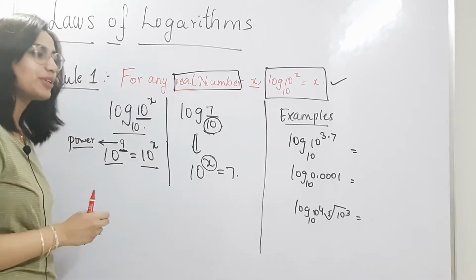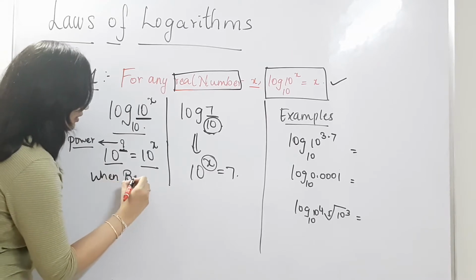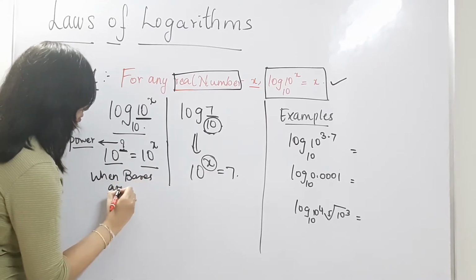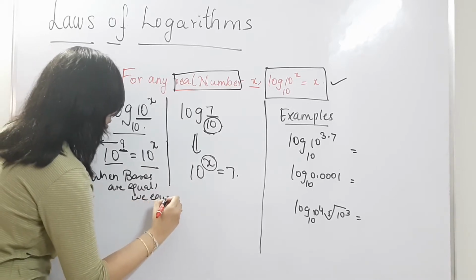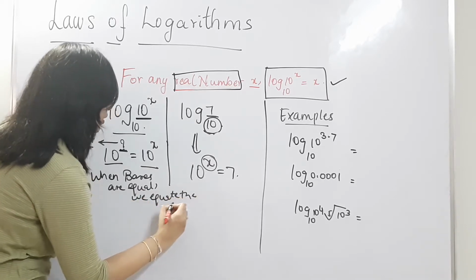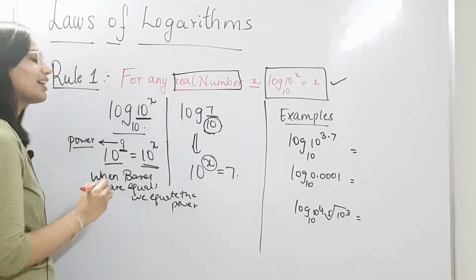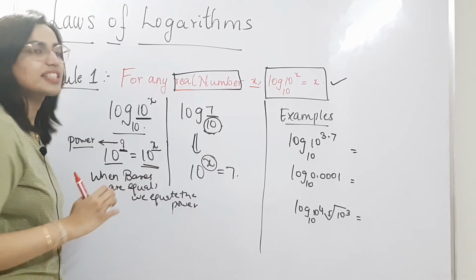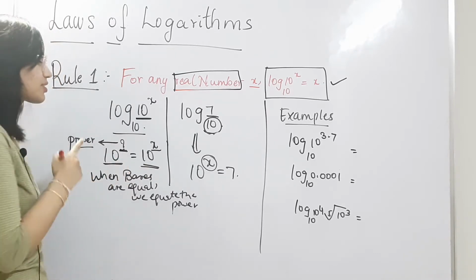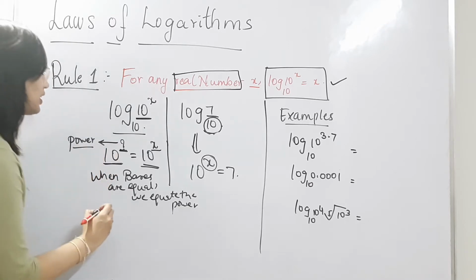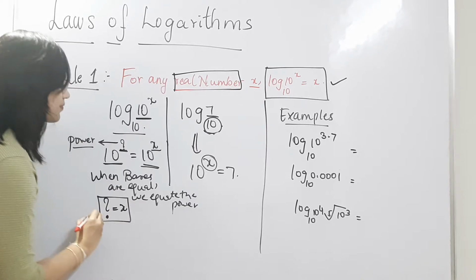Using laws of exponents, we know that when bases are equal, we equate the power. So here, what is the base? 10. And what is the power here? The RHS has the power as x and the LHS has a question mark. So can we not conclude that here the question mark value is x?